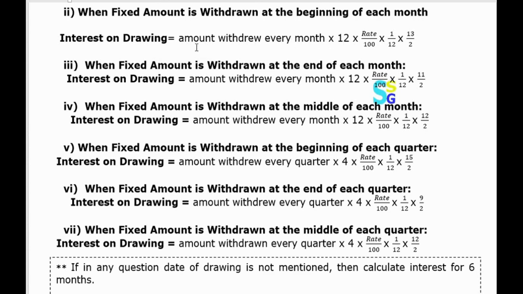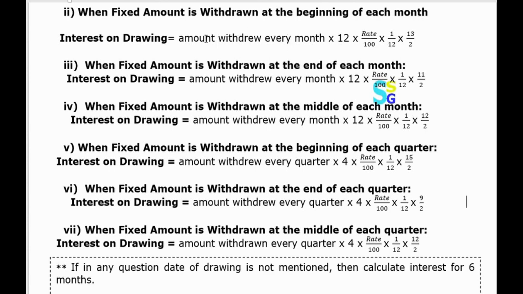In this matter, you can write the total amount of drawing also. But in that case, you have to multiply once with 12 and then again divide here. But we know it is always easier for calculation to divide first.